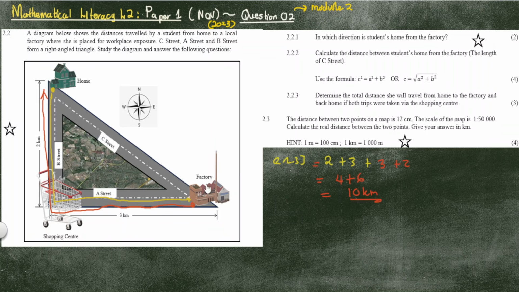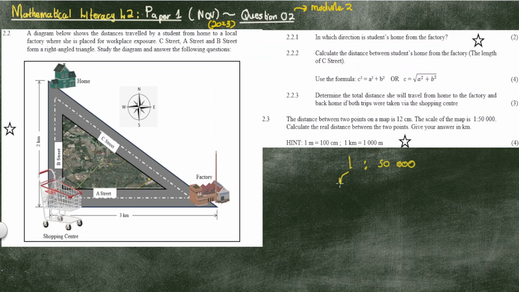All right, last question. The distance between 2 points on the map is 12 centimeters. The scale of the map is 1 to 50,000. Calculate the real distance between the 2 points. Give your answer in kilometers. Now, this is the scale, 1 to 50,000.